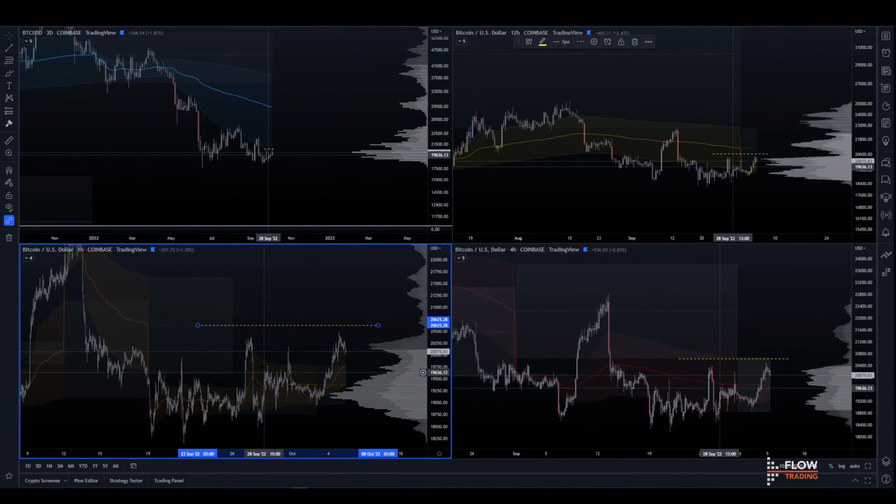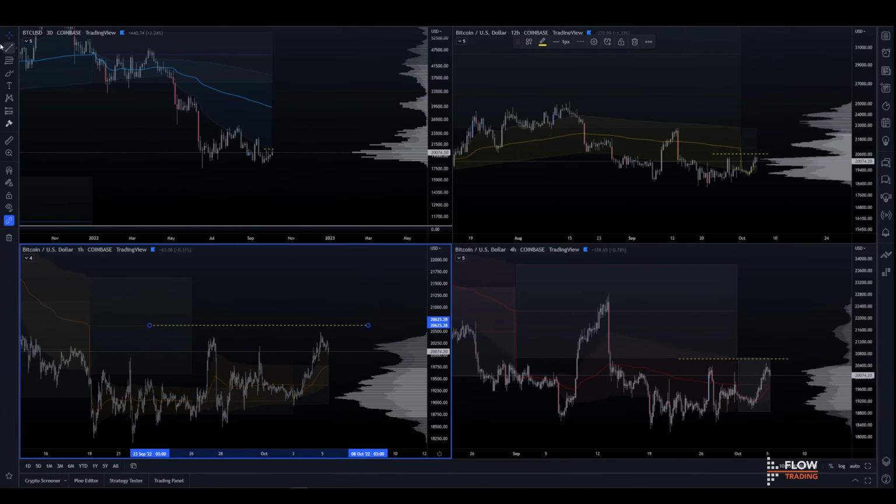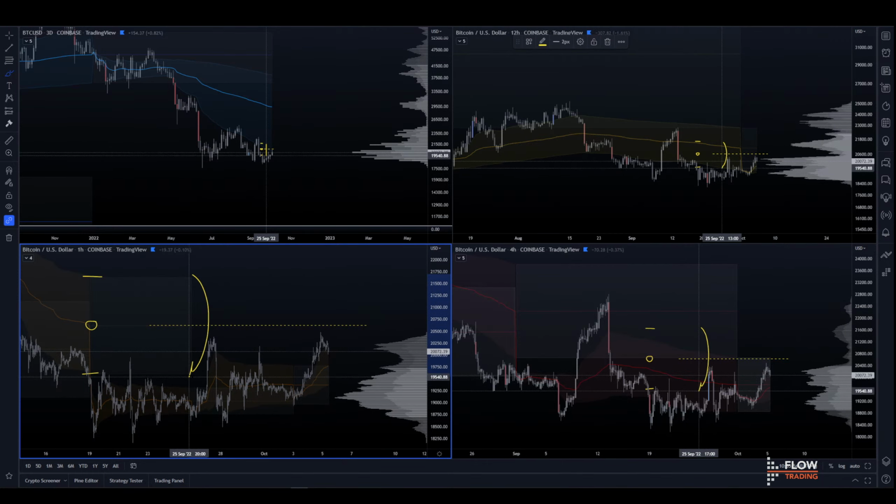And this yellow line that I've just put here on the bottom left is basically not the previous week or the week before that. It's basically this value area here, right? This whole thing here. And this is basically where the weekly VWAP closed there, right?